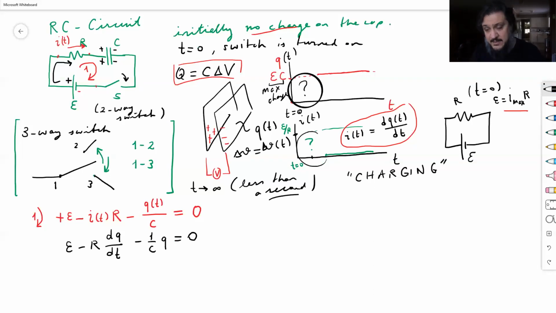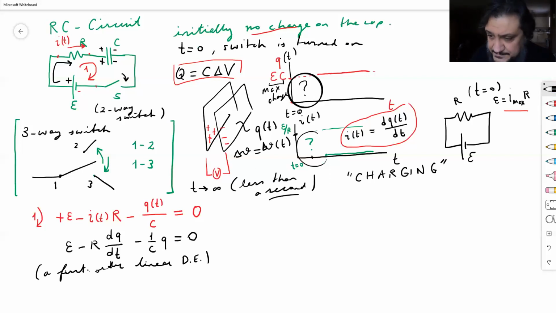That would make it nonlinear if it was q squared or cosine q. But if it's just q, then it is a linear equation. So this is a linear differential equation of order 1. That's the equation we need to solve: a first order and linear differential equation, DE.